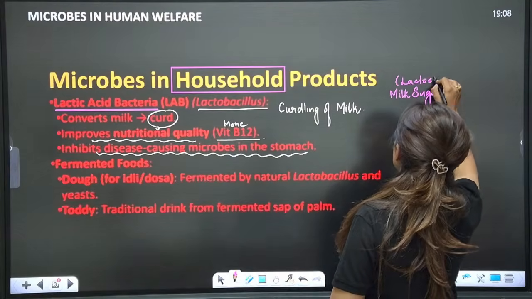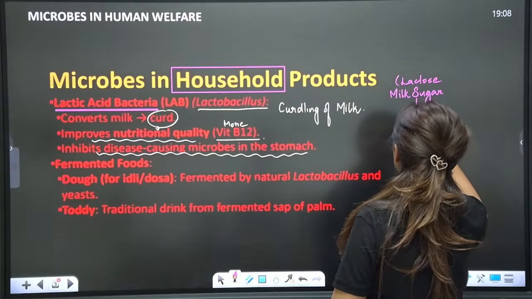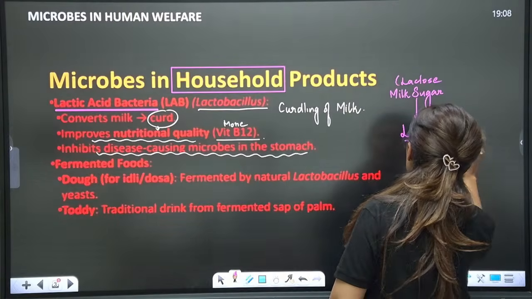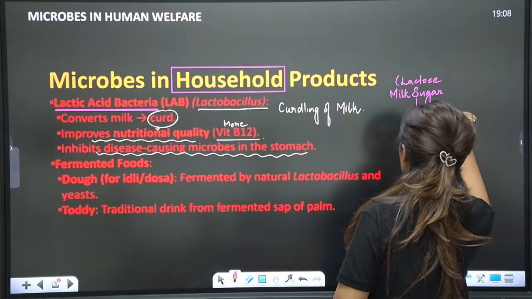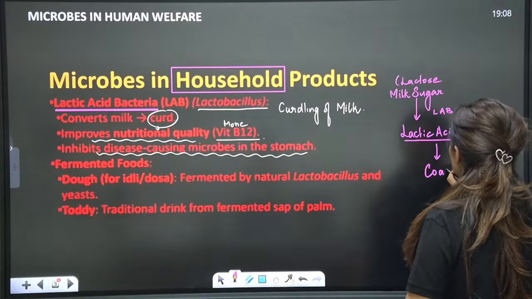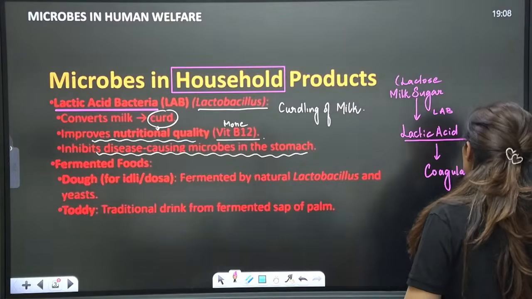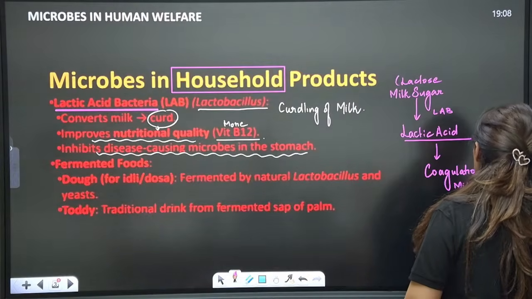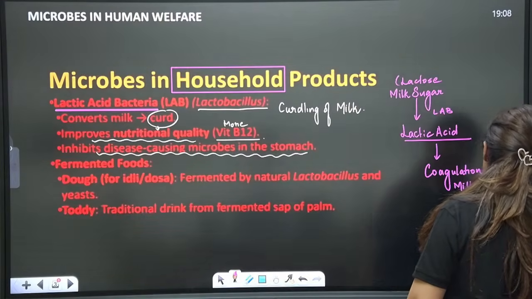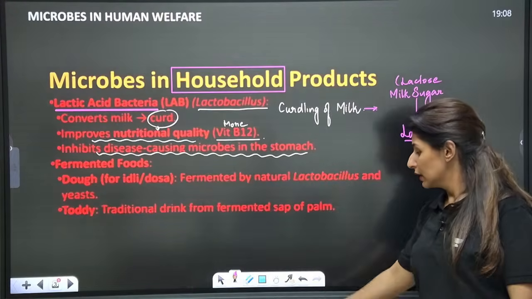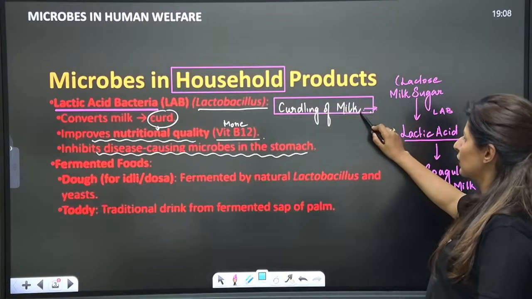This lactose is converted into lactic acid by this bacteria called LAB, and lactic acid then helps in the coagulation of milk proteins. This whole process is known as curdling of milk. Is this clear?